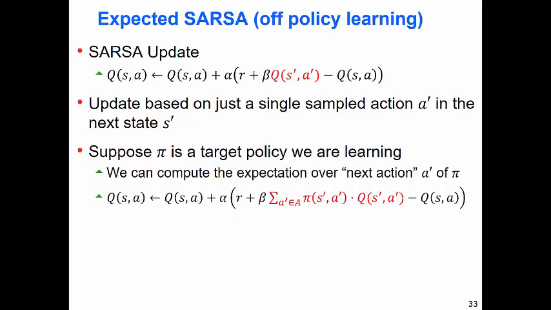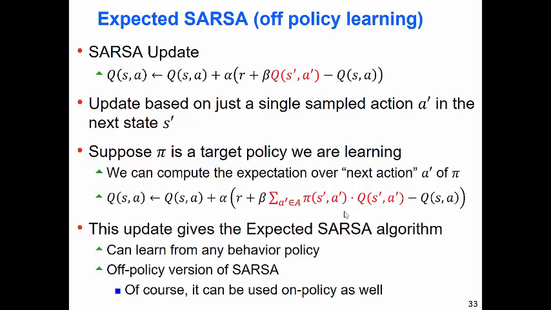And you can compute the expected Q function. This is sort of an estimate of the value at S prime, because you're looking at the expectation over actions the policy might have taken. And so this completely decouples you from this particular action that the explore exploit policy took, because this expectation goes over all actions. And hence, this is referred to as an off-policy version of Sarsa, expected Sarsa.